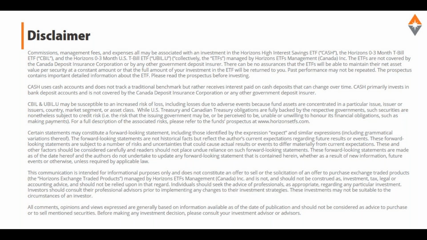In terms of UBIL.U versus DLR, DLR would be our US dollar ETF, and I know we have a lot of investors in that. How would UBIL.U be different than DLR? So the difference really there is that DLR, while under the current interest rate environment, it's benefited from increasing interest rates.